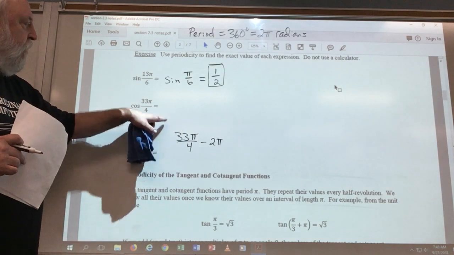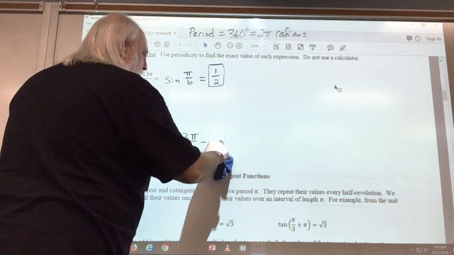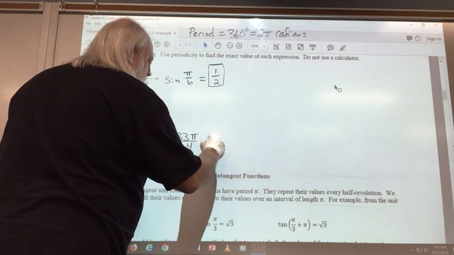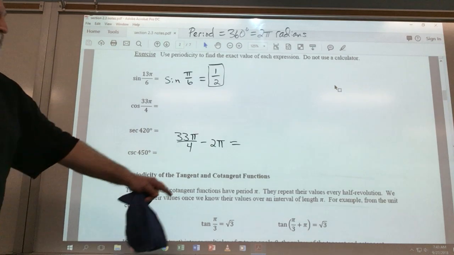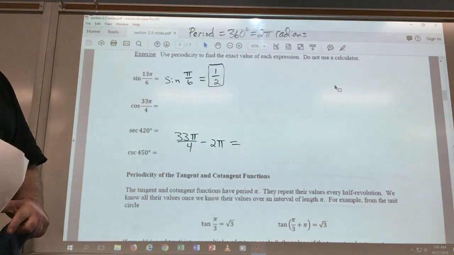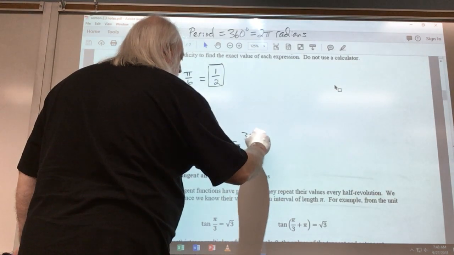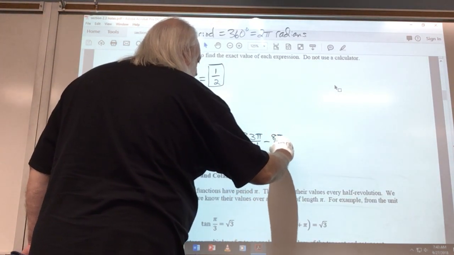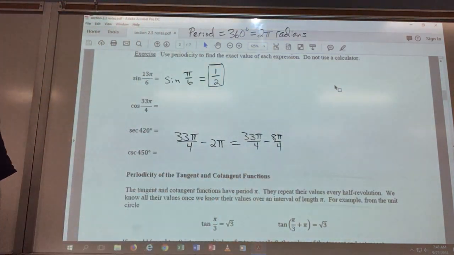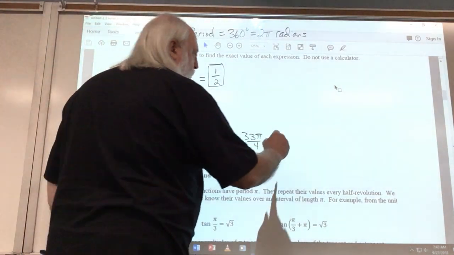Well, we know that from the previous example, 2 pi is the same as 8 pi over 4. So we have 33 pi over 4 minus 8 pi over 4, and 33 pi minus 8 pi over 4 is 25 pi over 4.